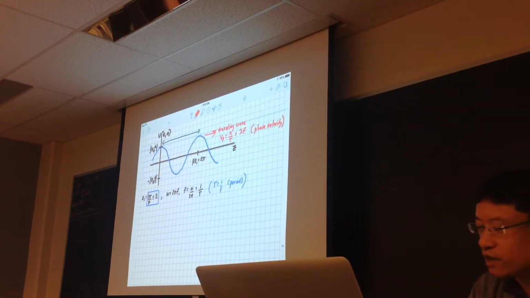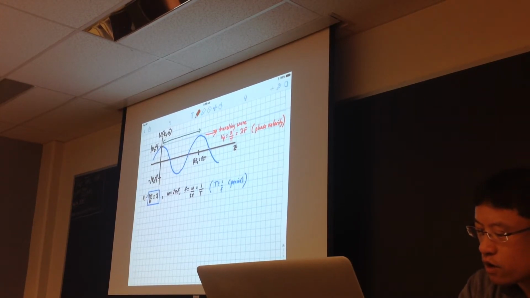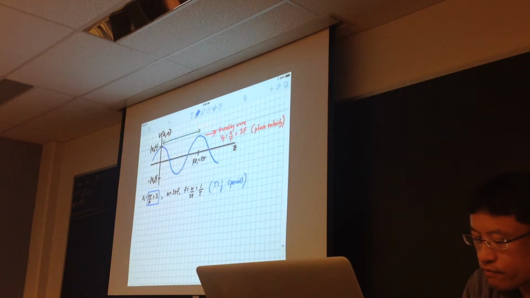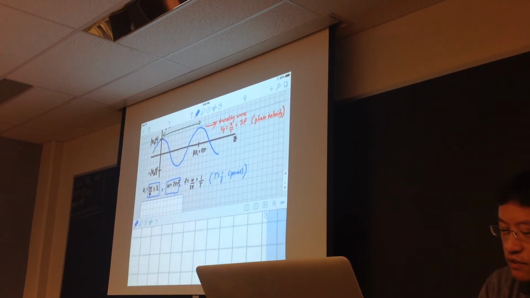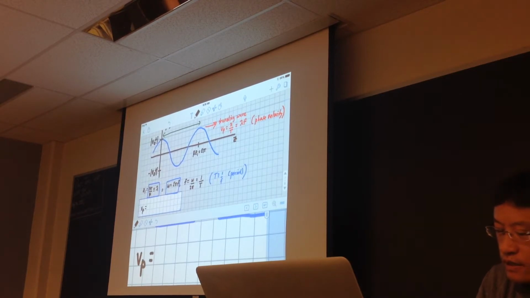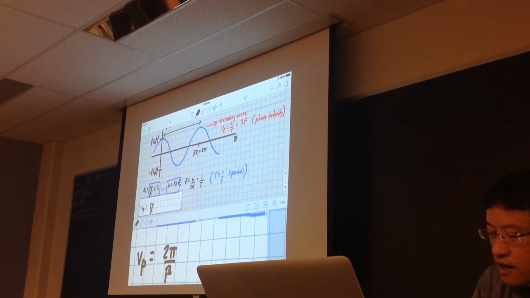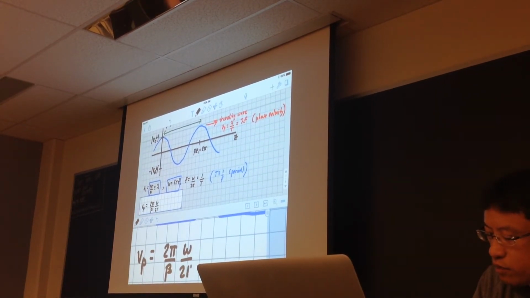Okay, the phase velocity, as you can see from our expressions for lambda and omega, lambda times the frequency is the phase velocity, so another expression for the phase velocity is going to be 2 pi divided by beta times the frequency, which is omega divided by 2 pi.